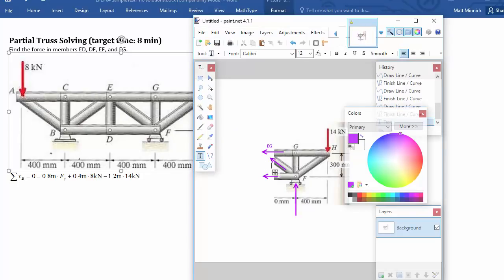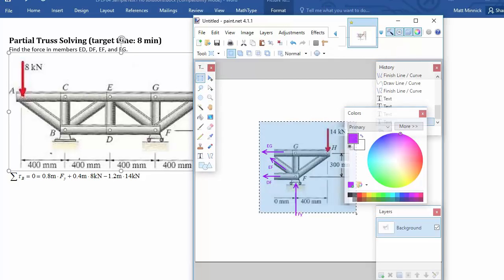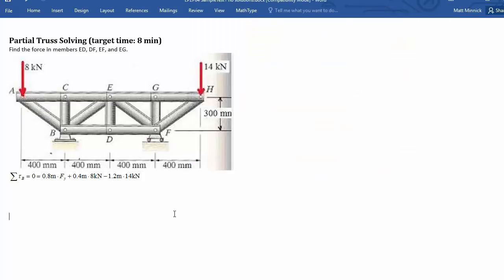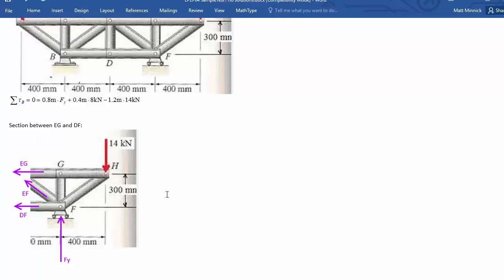Down here in the middle, we've got EF, and over here, we've got DF. And then this one at the bottom was Fy, up from the bottom there. Okay, so there's our redrawn free body diagram. I can say section between EG and DF would give us this.